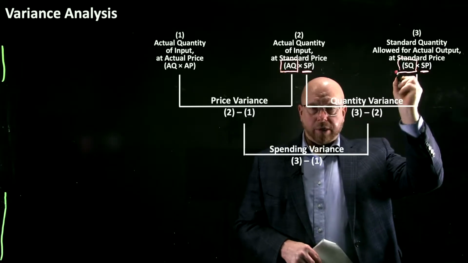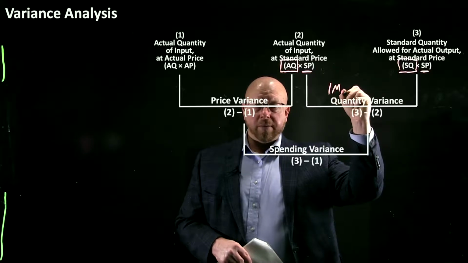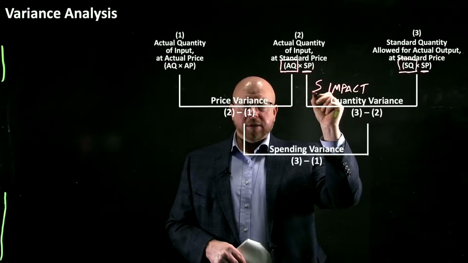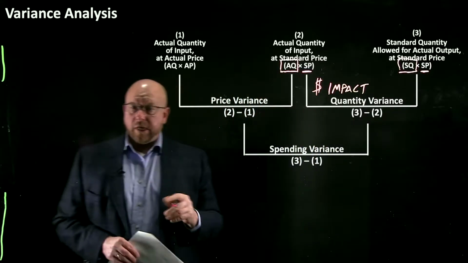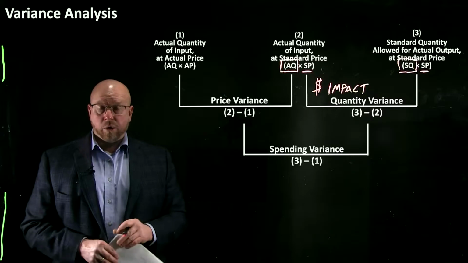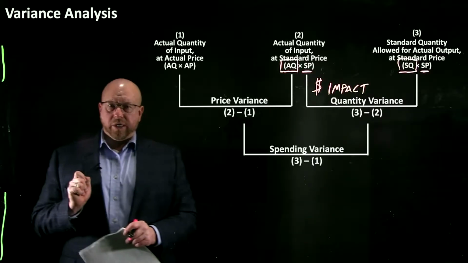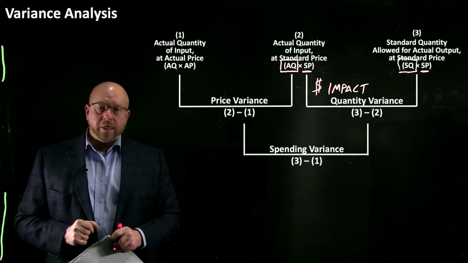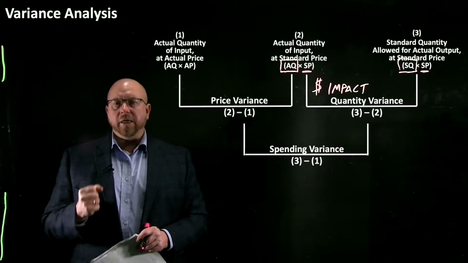So now what we're doing, and this is, in my opinion, relatively powerful, is taking a look at the difference in quantity, actual versus what we expect. So in other words, 3.1 pounds of cheese versus 3 pounds of cheese, for example. And we're taking that non-financial factor and we're turning it into dollars.